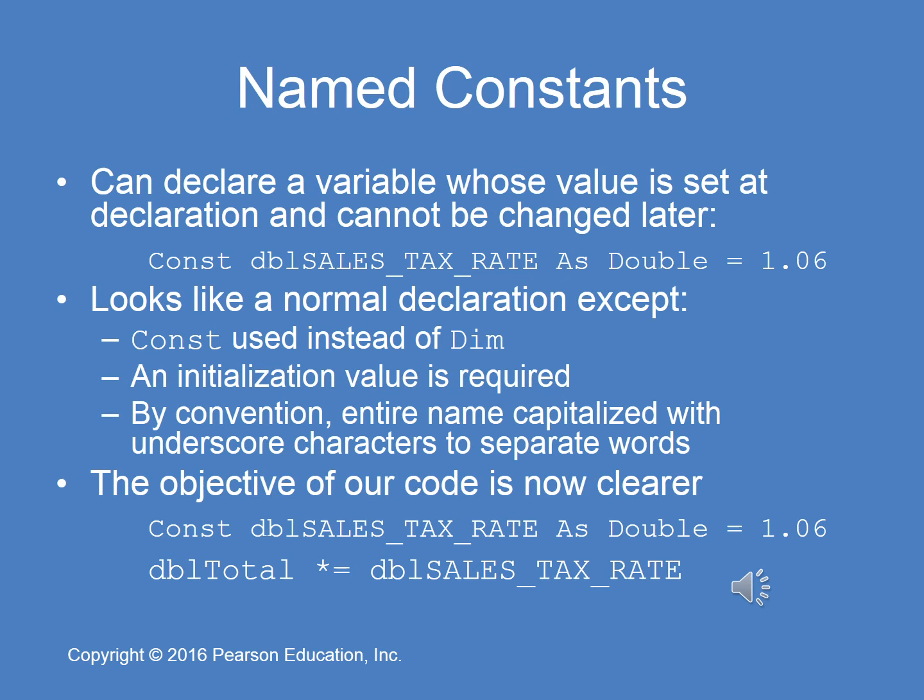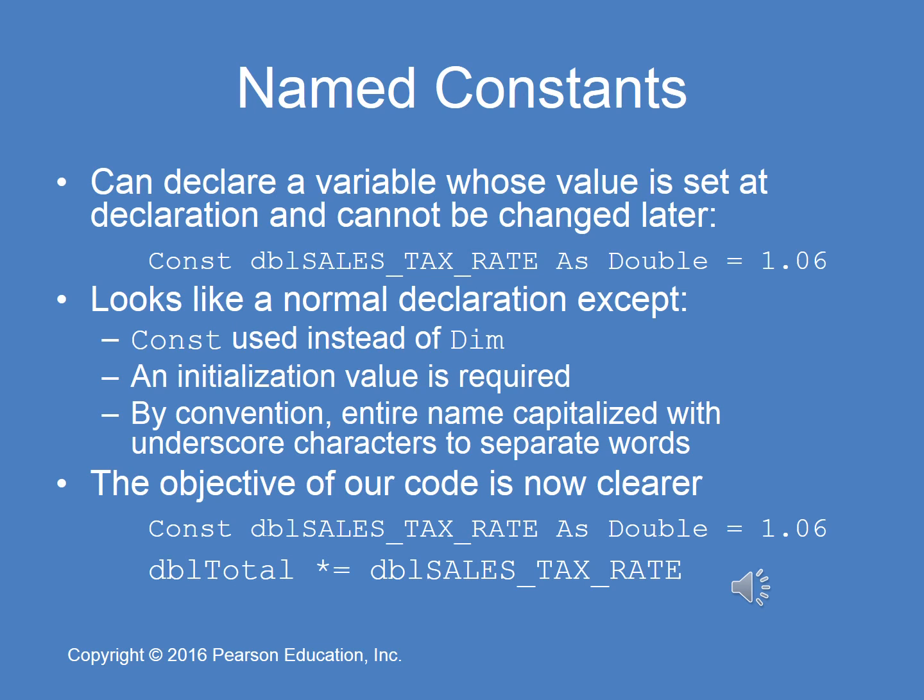So here, we declare a variable, just like we've been declaring variables so far, except we add the keyword Const, C-O-N-S-T, to the beginning of the declaration statement. That means that within the program, we cannot assign a new value to dblSalesTaxRate. It cannot change.